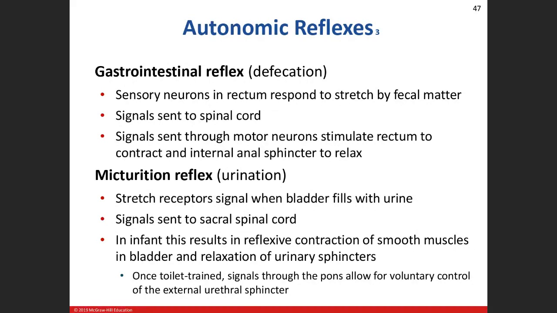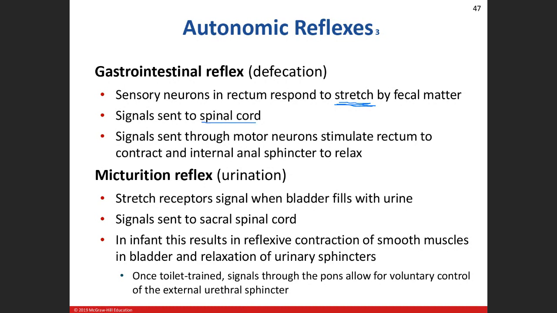So in this situation with defecation, our gastrointestinal reflex, we're going to see in the rectum, that final area of our digestive system right before the anus, as we add more fecal material to the rectum, that is going to increase the stretch of the walls of the rectum. Well, guess what sits in those walls? Baroreceptors, stretch receptors. As we increase the amount of material in there, we increase the stretch, so that information is sent to the spinal cord.